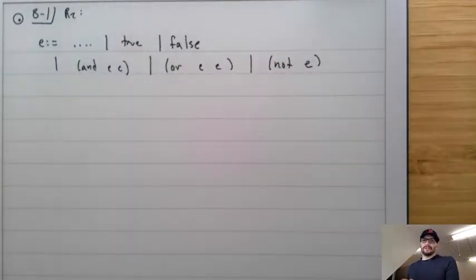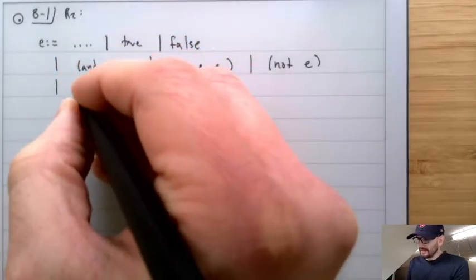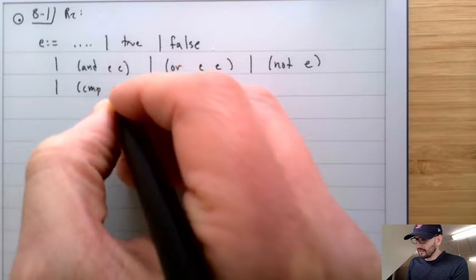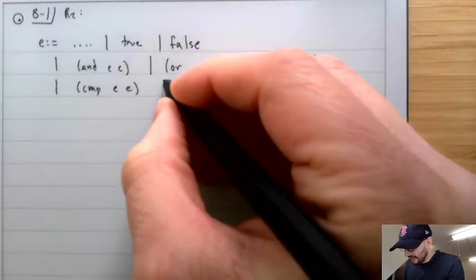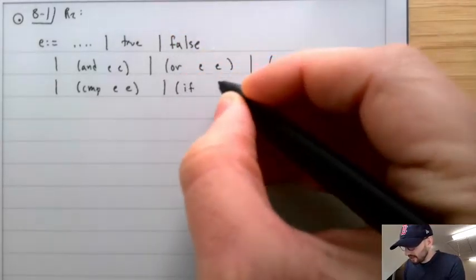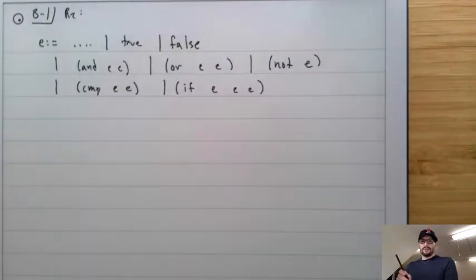Next, we'll have comparison operations that consume numbers and produce booleans. And we're going to have a category of comparisons. Then we're also going to have if statements, which are really if expressions that look at a boolean and determine which of two expressions we'll evaluate.